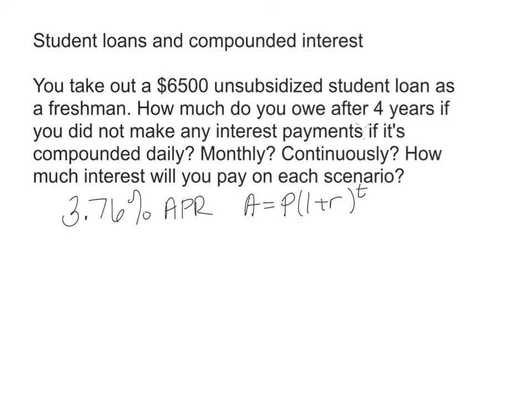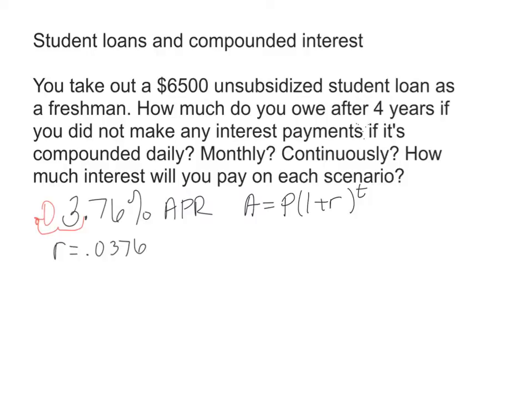So we take our decimal point and move it twice, and the rate we're going to use is 0.0376. Now this first equation is looking at a yearly compounding, meaning they only calculate it once at the end of the year. That's not generally how most loans are calculated. Most of them are done monthly.